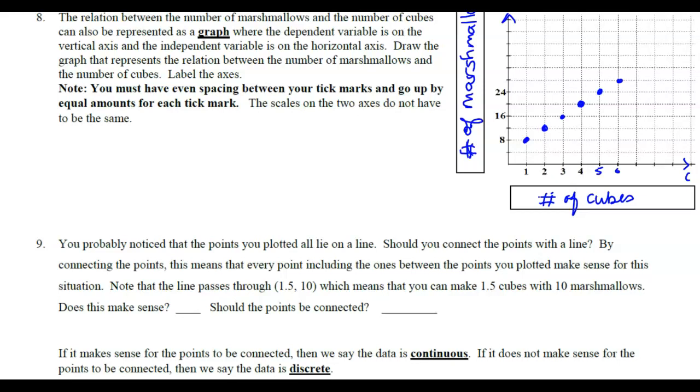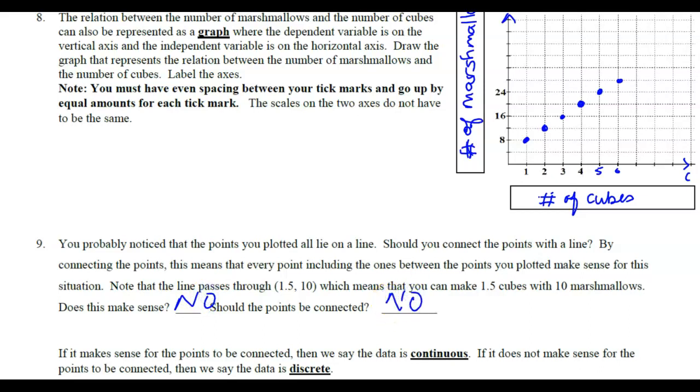So you probably noticed that the points he plotted all lie on a line. Should you connect the points with a line? By connecting the points, this means that every point, including the ones between them, makes sense for the situation. Note that the line passes through the point (1.5, 10), which means that you can make 1.5 cubes with 10 marshmallows. Does this make sense? No. Should they be connected?